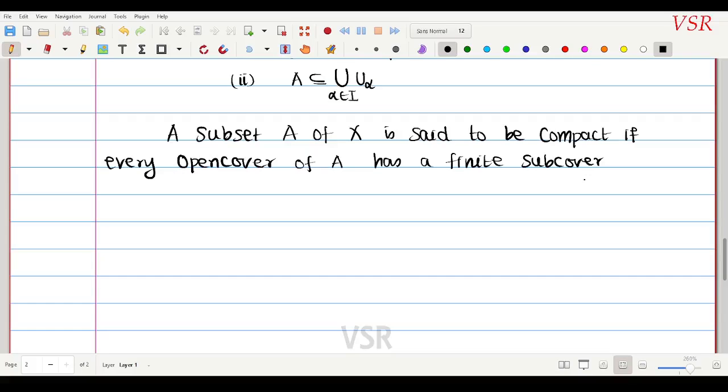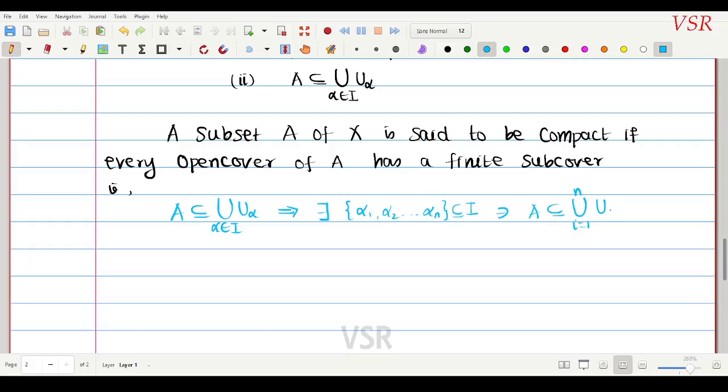That is, if A is a subset of the union of all U_alpha, alpha belongs to I, then there exist alpha_1, alpha_2, ..., alpha_n in the index set, a finite set, such that A is a subset of the union over i equal to 1 to n of U_alpha_i. These finitely many members take care of A.